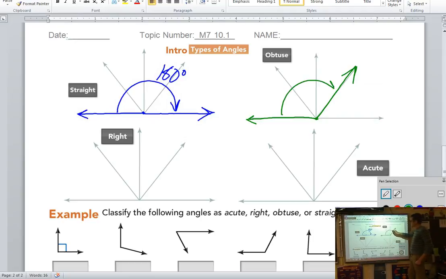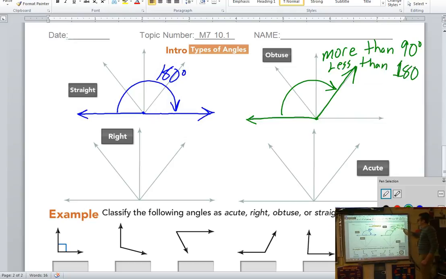So this has to be more than 90 degrees, and it has to be less than 180. So that's why the straight angle is not called obtuse, because it is 180. Obtuse stops at 180. So once it turns into 180 degrees, it is a straight angle, not an obtuse angle.